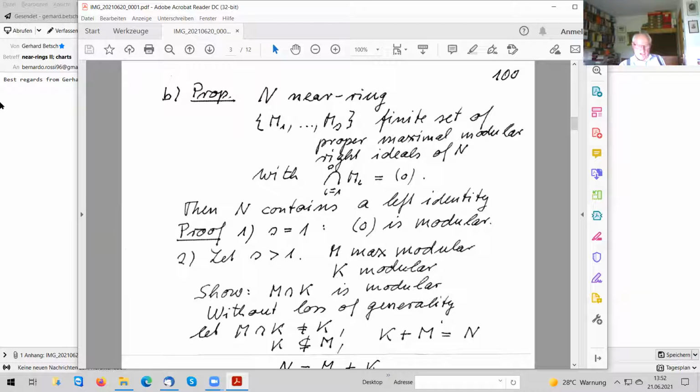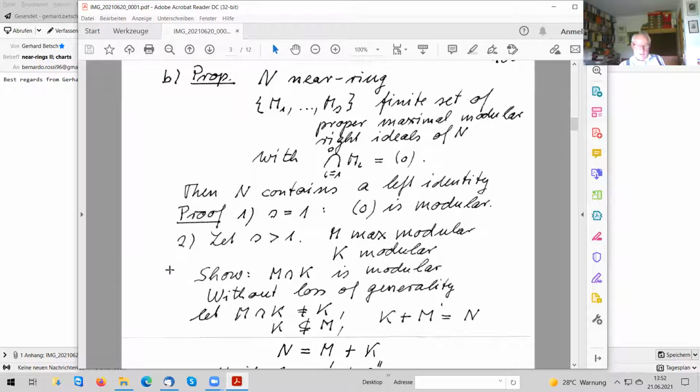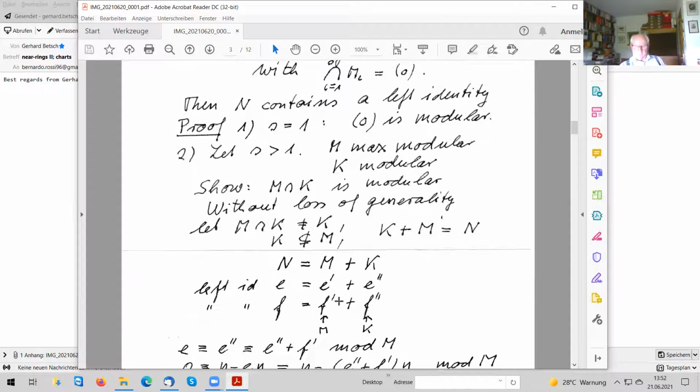Without loss of generality, we can assume that M intersection K is not equal to K, which means that K is not contained in M. Otherwise, the situation would be trivial. But M is maximal, so K plus M is N. N equals M plus K.